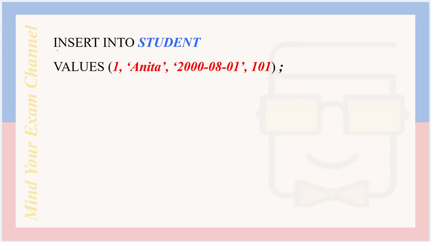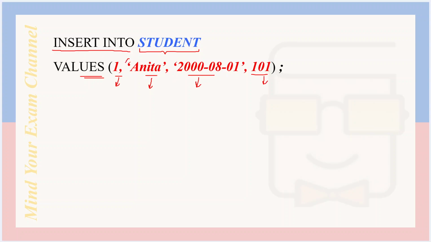As I specified in the syntax, first you write the 2 keywords insert into, then you specify the name of the table in which you want to insert the values. Here the name of the table is student. Then you write the keyword values followed by the list of values for the record that you want to insert. This is the roll number of the student, this is the name of the student, this is the date of birth, and this is the guardian ID.